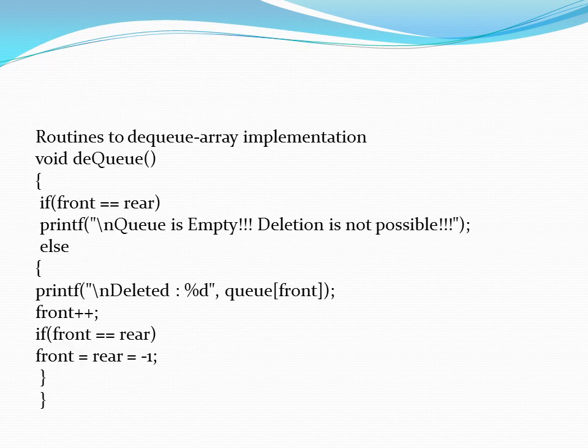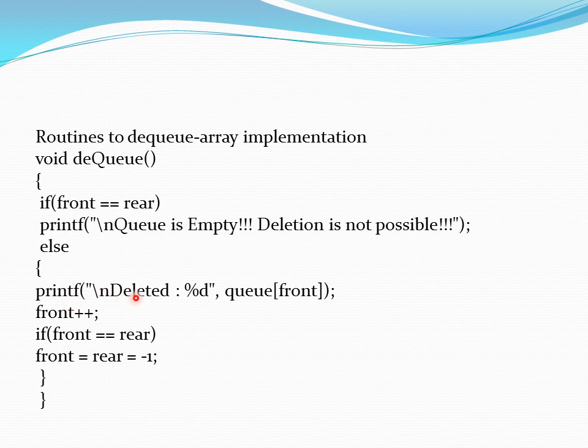Next, routine to DQ. To delete an element, we are using this DQ function. If front equal to rear, which means the queue is empty. If it is empty, we can't delete. So display a message, queue is empty, deletion is not possible. Otherwise, we can delete. Deletion always takes place at the front.